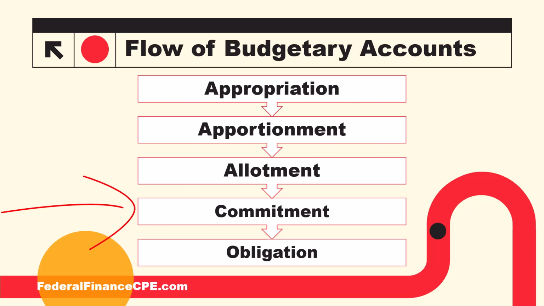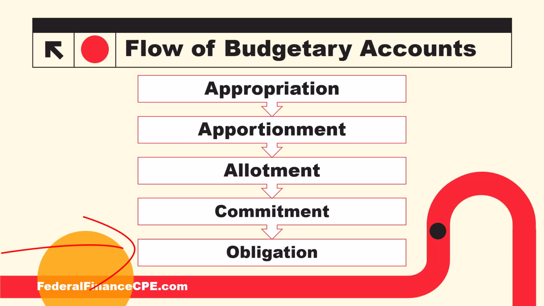This is when you're planning to spend money by setting aside funds for a purpose, like when you earmark funds to buy something but haven't clicked that purchase button yet. Finally, we get to obligation. This is where we focus today. Obligation is when you have a legal promise to pay, such as signing a contract or placing an order.